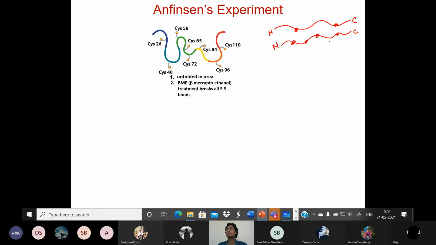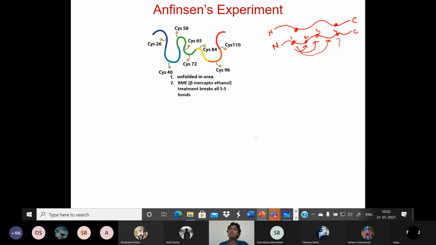Then you have multiple combinations. When the protein is unfolded, there are no disulfide bonds. Now, if this is cysteine number 1, number 2, number 3, number 4, what will be the deciding factor whether this cysteine will form a disulfide bond with this one or with that one? That is a big question, and it is a problem to understand.